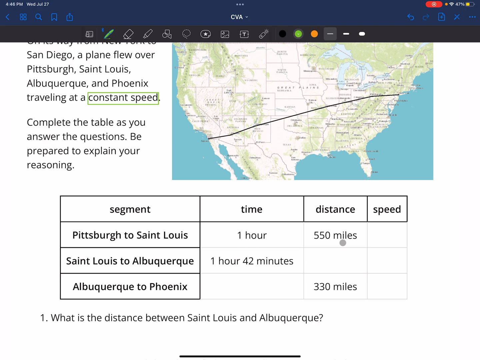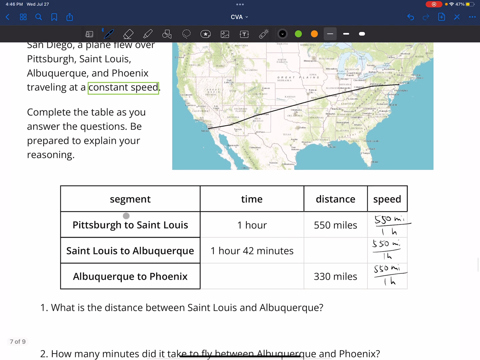If the airplane is traveling for 1 hour and travels 550 miles, then that's the speed for every single one of these. So I got 550 miles per 1 hour.